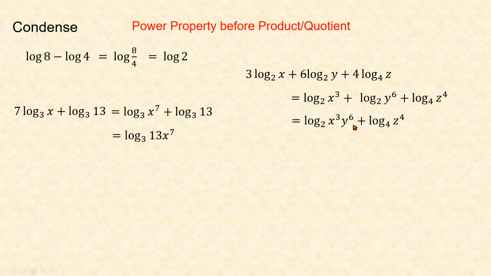You can't combine them if they're not the same base. Just like when you're expanding them, you keep the same base. Now they're different bases. You can't combine them. So this is as far as you can go. When you do these, be very careful. They're going to sneak in one with a different base, and if you put them all together, it's going to be wrong. So we cannot combine log base 2 and log base 4.